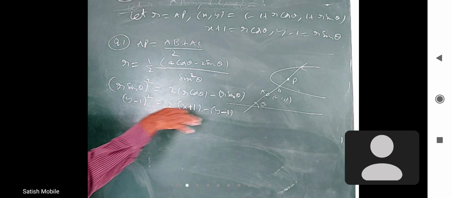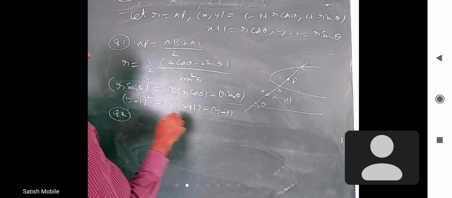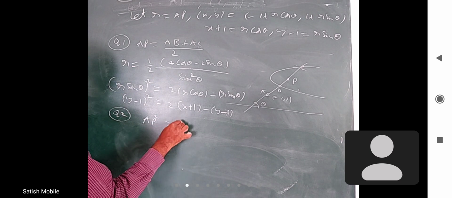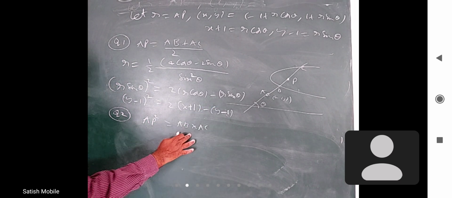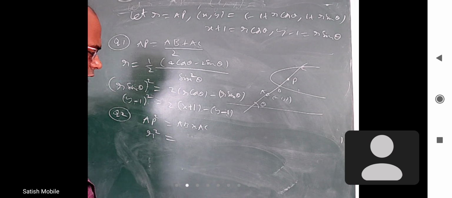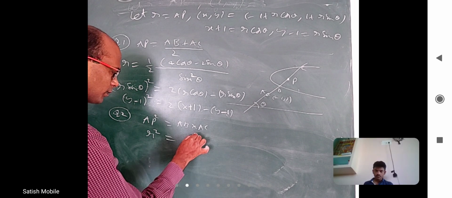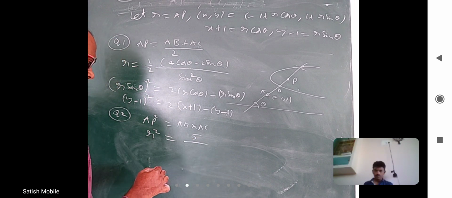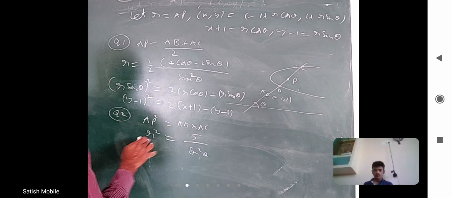Okay, I am not planning to simplify due to lack of time, but question 2. AP square is equal to AB into AC. This is the product of the roots. So, this is r square. What is the product of the roots of the quadratic equation? Can somebody tell me? Which I erased just now. Five by sin square theta. Bring the sin theta here.